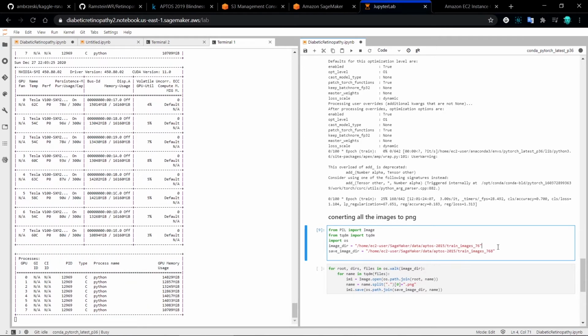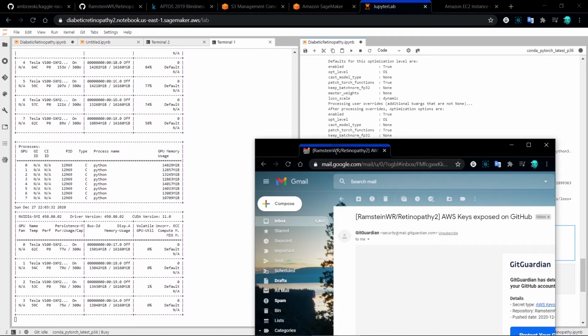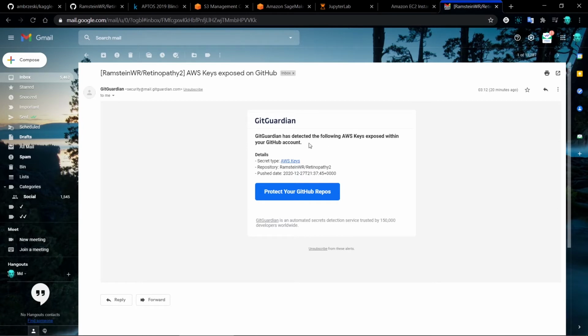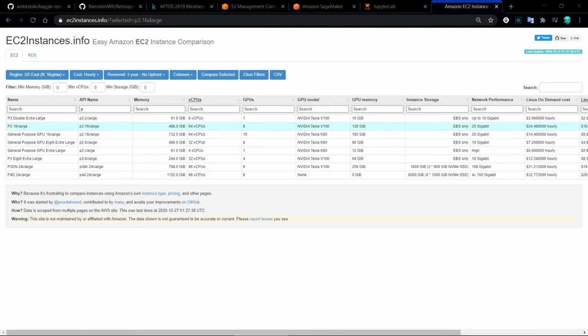It looks a little scary when you get a response from GitHub. This is the email I received today saying that GitGuardian has detected the following AWS keys exposed within your GitHub account. I went and installed this application, but installing it on GitHub I think doesn't do anything. Still, I was able to see that file.